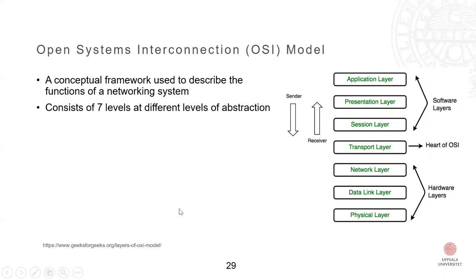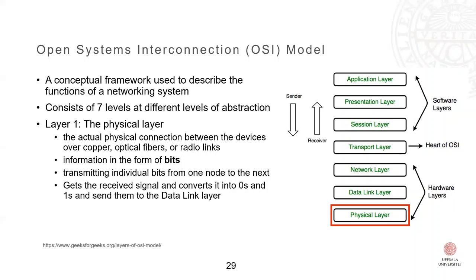So let's briefly see what these layers are. We have already discussed some of them in this lecture. We have already discussed layer 1 very briefly. This is called the physical layer. This layer is concerned about the connections between the devices.